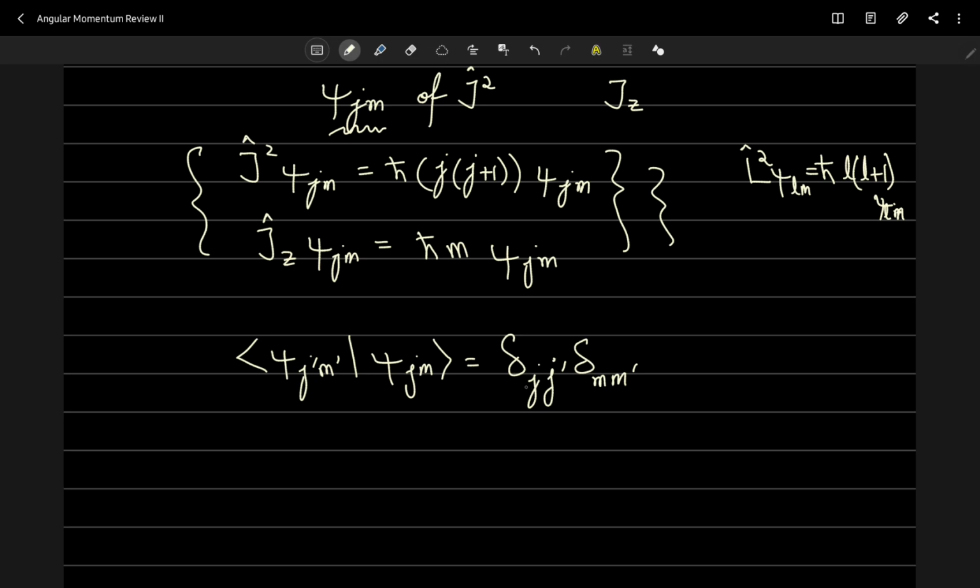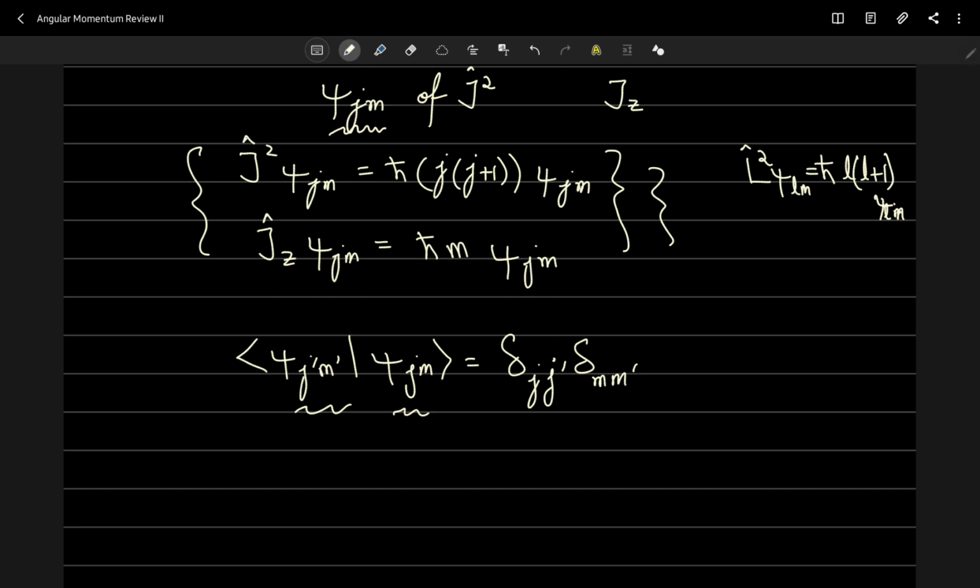That is, if j and j prime and m and m prime are equal, then this gives you 1, and if they're not equal, then it gives you 0. That means these eigenfunctions are orthonormal.